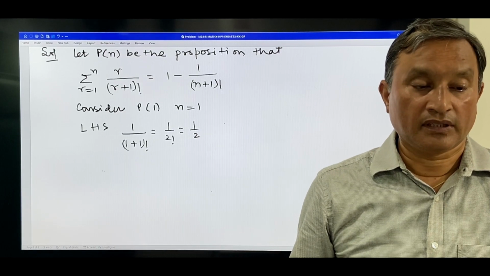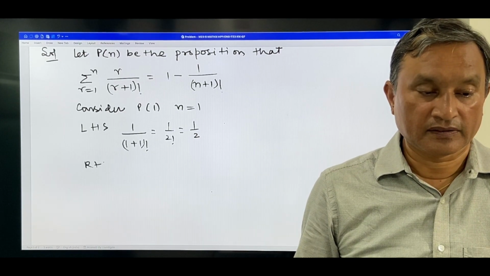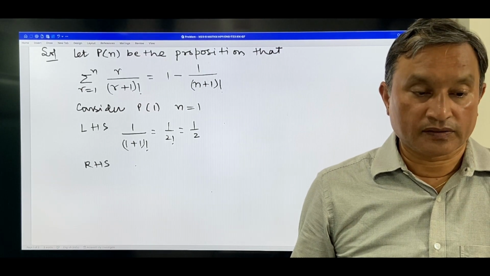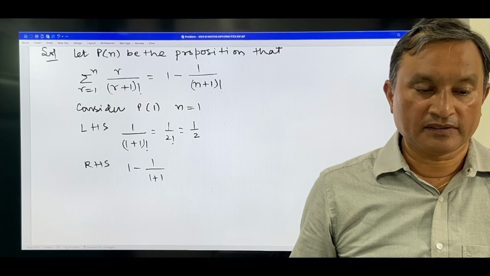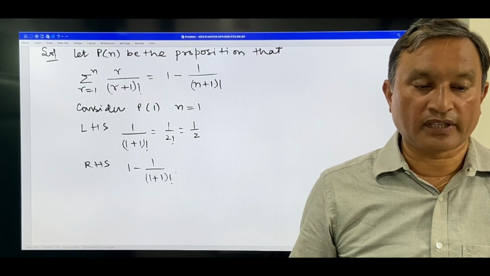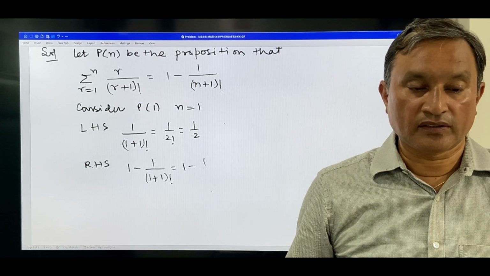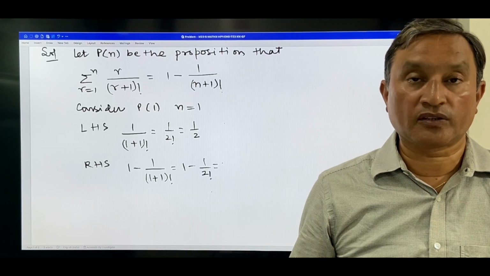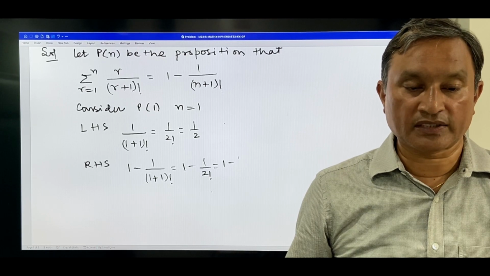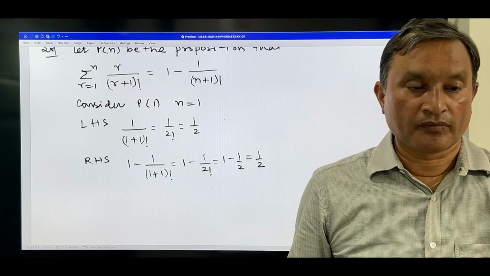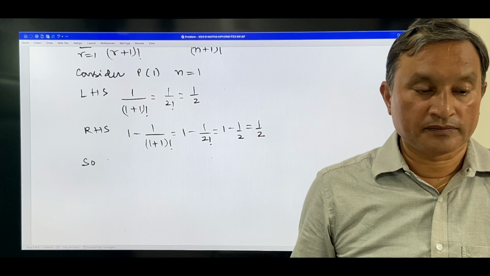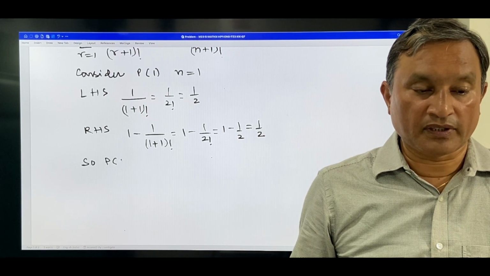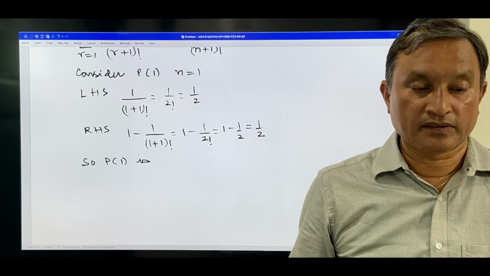Now the RHS: 1 minus 1 upon (1 plus 1) factorial equals 1 minus 1 upon 2 factorial equals 1 minus 1 upon 2 equals 1 upon 2. So P1 is true.